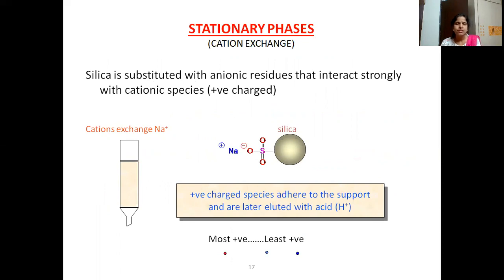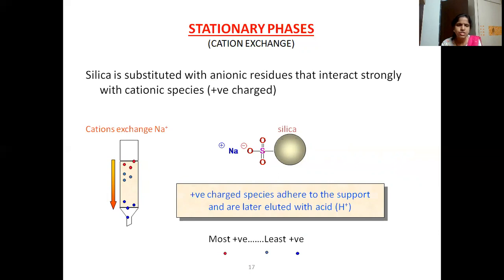So even in this case, you can see an example there, the silica which has Na+, that is the sodium ion. Sodium ion is the counter ion. Okay, so that sodium ion will be exchanged with the cations which are present in the sample. So in this, you can say the exchange of cations takes place.